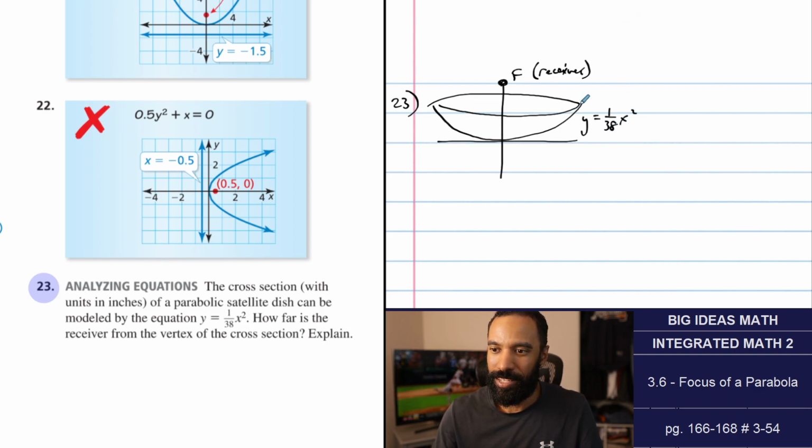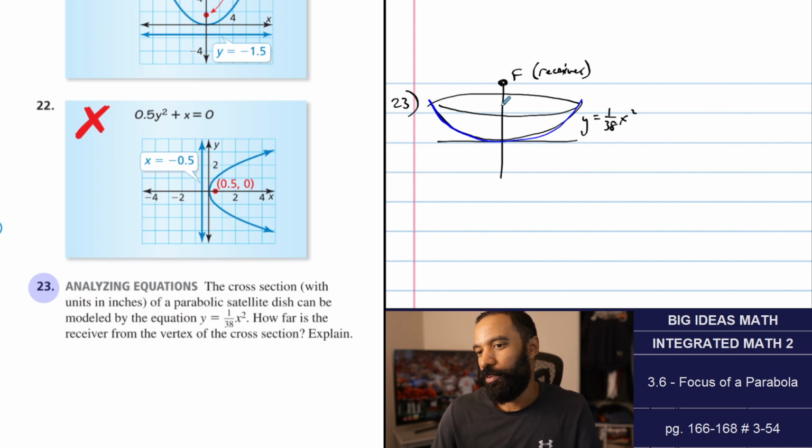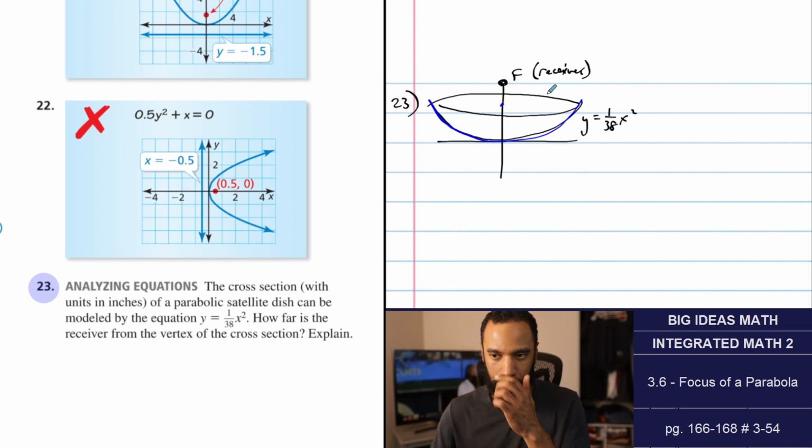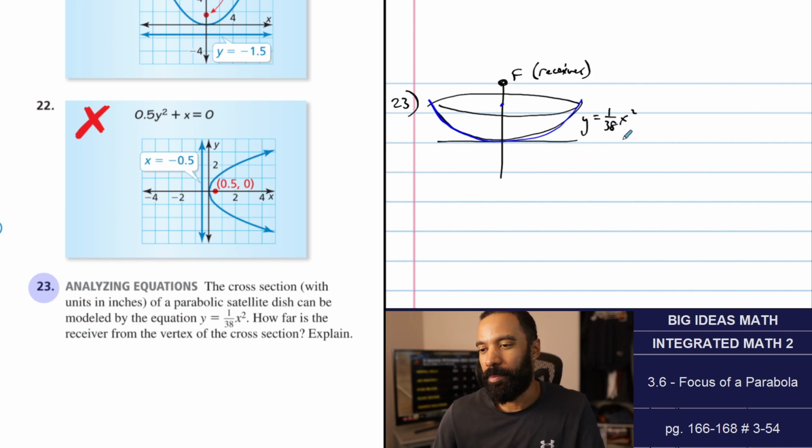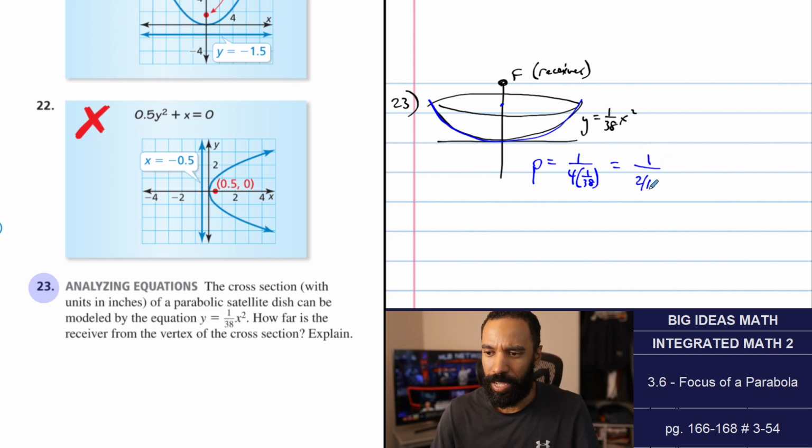Hopefully they're not talking about something else. So if they're talking about that, your a is 1 over 38. So p is 1 over 4 times 1 over 38. Sorry if this isn't the receiver. So that's 1 over 2/19, which is 19 over 2. 19 over 2 is also 9.5.